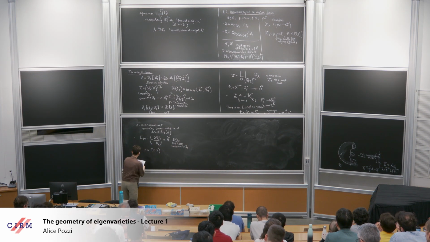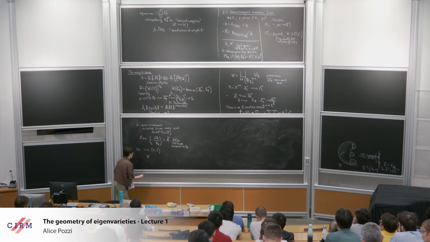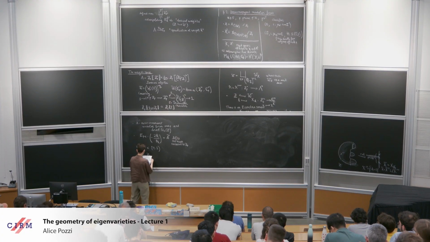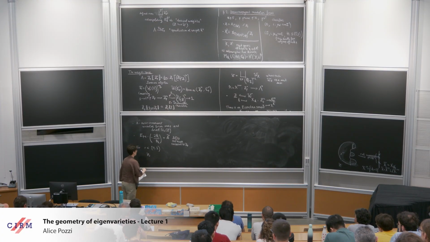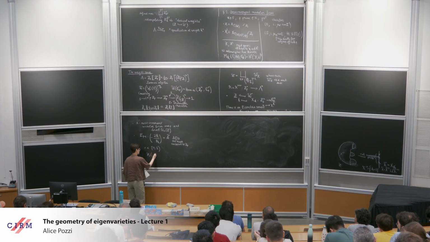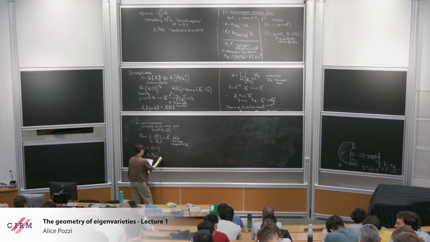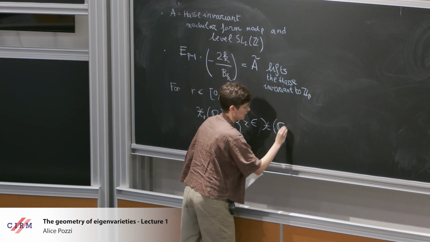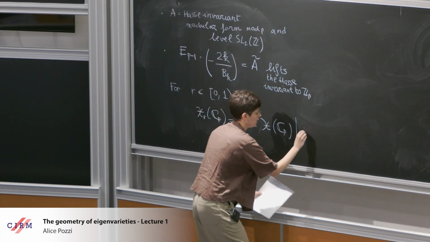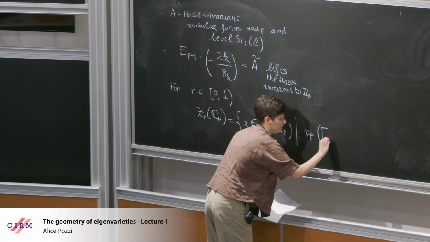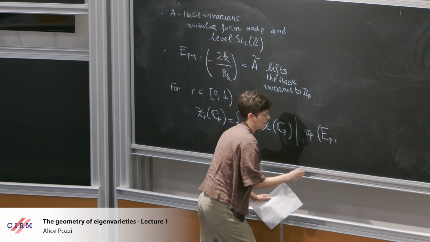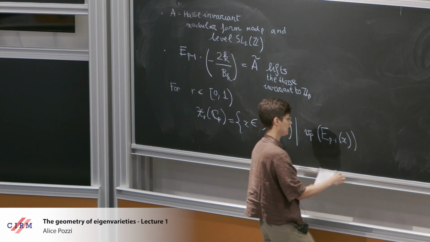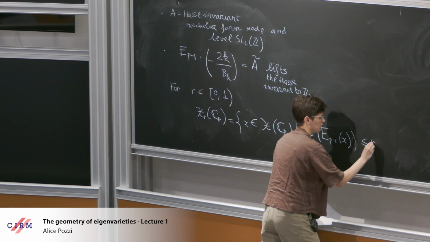In this region, we can define neighborhoods of the ordinary locus. We can extend the ordinary locus a little bit by taking the x in our C_p points such that the p-adic valuation of E_{p-1} at the point, this lift of the Hesse invariant, is less than or equal to r.